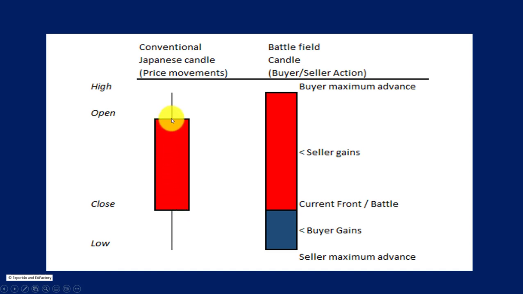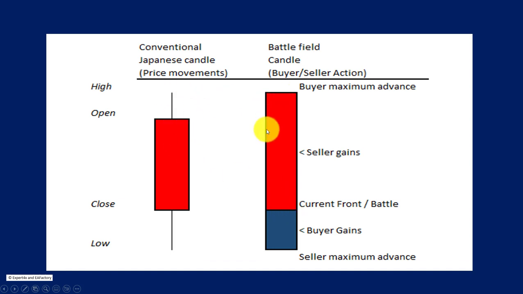The sellers could have pushed the price down here to that point, and the buyers could have pushed the price up there to that point, and then the sellers would push the price down to that point. Doesn't really matter, but what we do know is that over the period of the candle, the sellers gained that much of the battlefield.